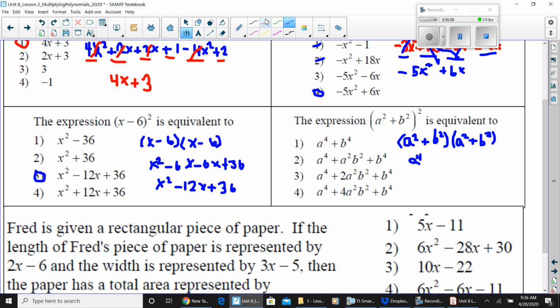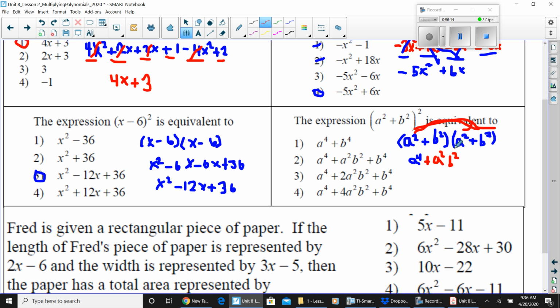Let me change the color on this. All right, distribute. That's a to the 4th. Then a squared times b squared is, and this is all positive numbers, so at least they did that.